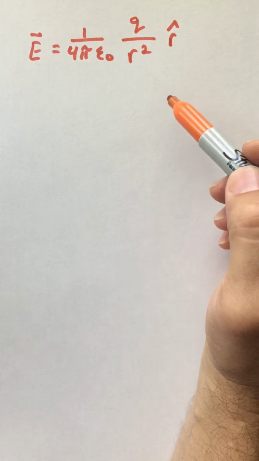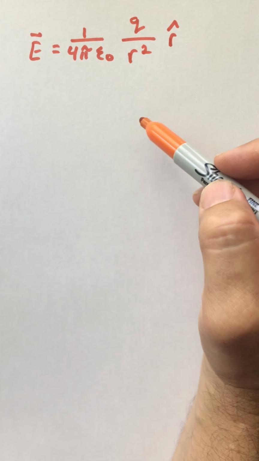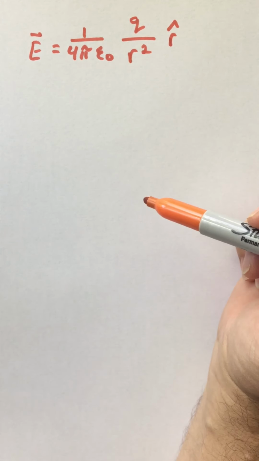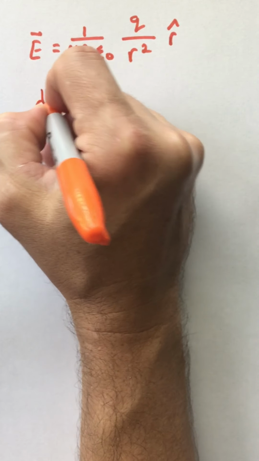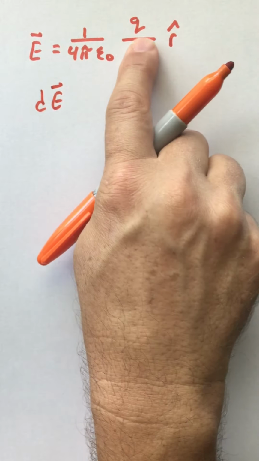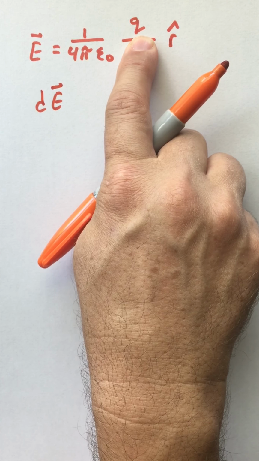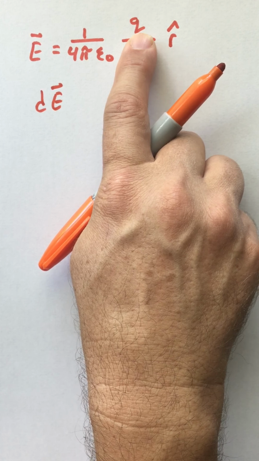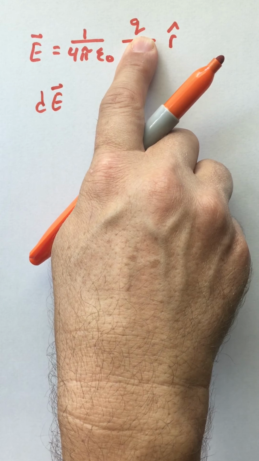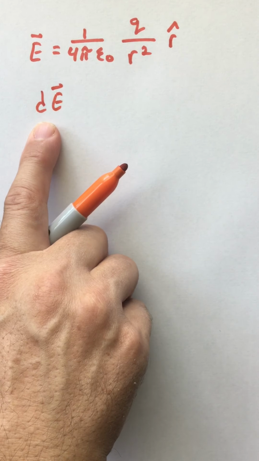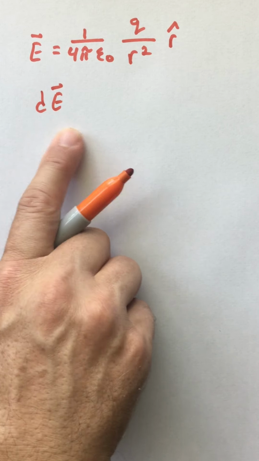We've directly integrated this when we were trying to determine the electric field due to some charge distribution. How did we do that? Remember, we formed this in differential form. We said that if I take a continuous charge distribution and take one little element of it, then I have a dq instead of a q. That dq contributes a little bit to the field, some dE, and then I integrate to add it all up.